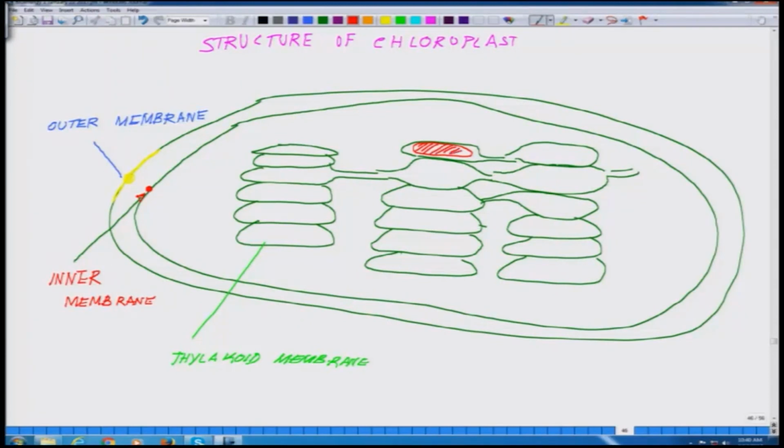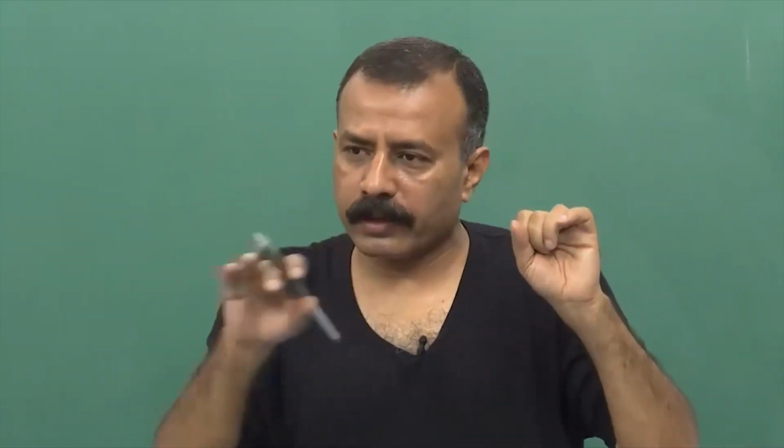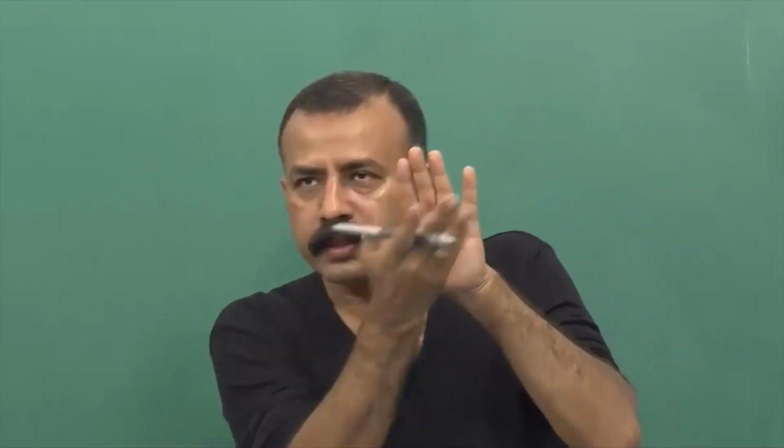So, the thylakoid membrane is a kind of inflated, saucer-like structure. There are saucers like this and underneath it is hollow.